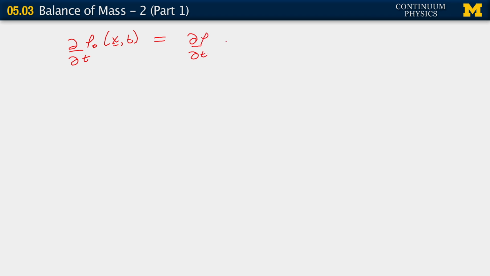Now I'm going to write the arguments this time. So this is the real partial time derivative, plus we have the gradient of rho, the spatial gradient of rho, parameterized by little x and t.